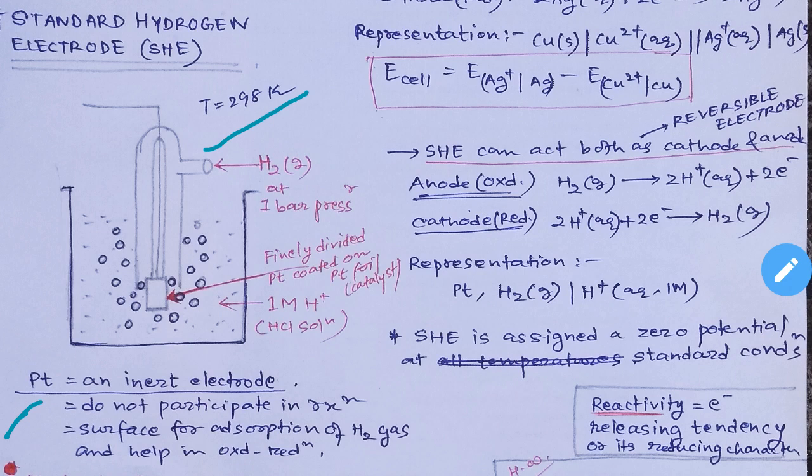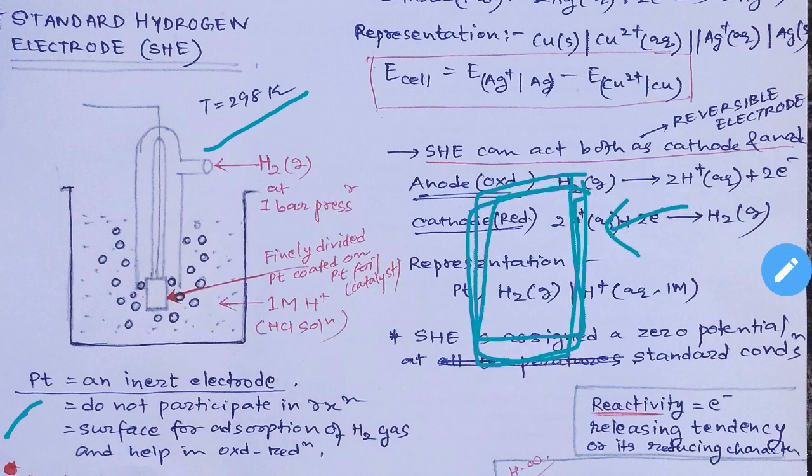Only what it does, it allows its surface to act as a catalyst. वो अपने surface को reaction होने के लिए allow करता है. That means oxidation and reduction will take place on this surface very easily.